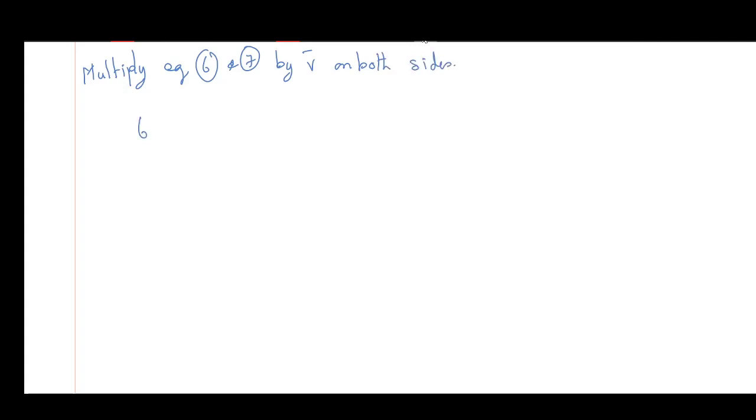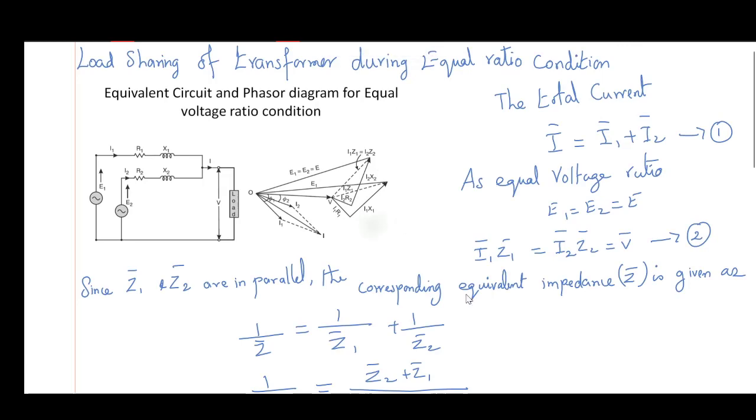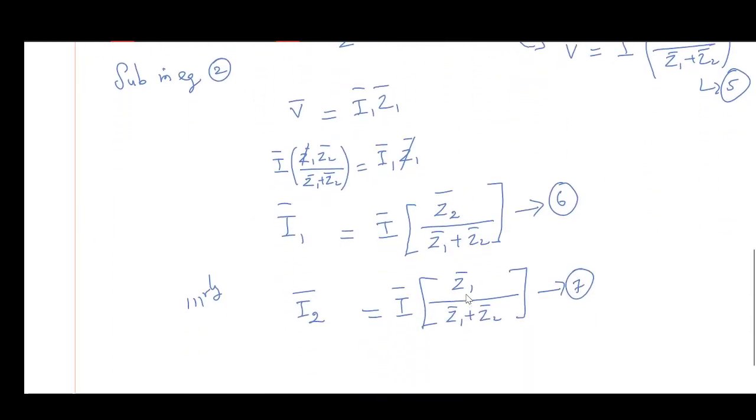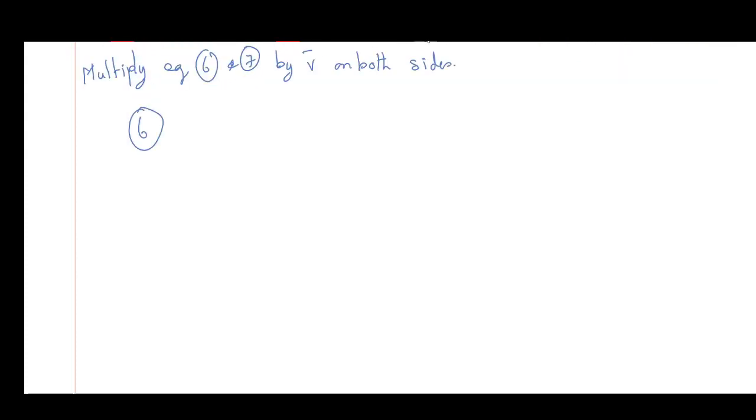So equation 6 is I1 vector is equal to I vector into Z2 vector divided by Z1 vector plus Z2 vector.